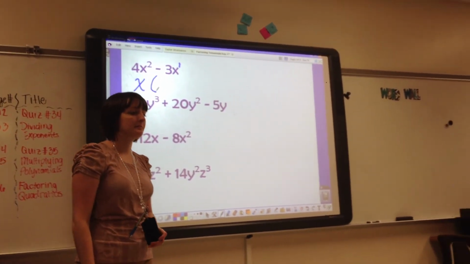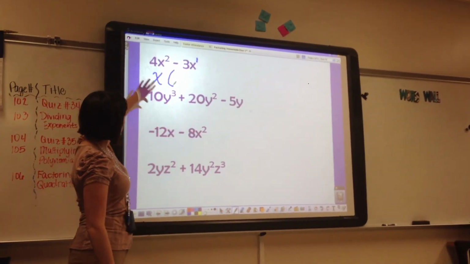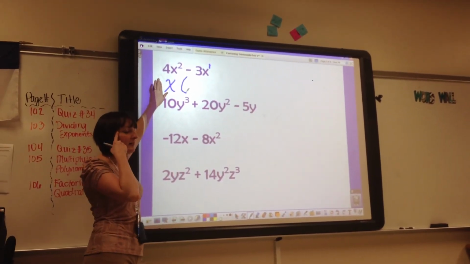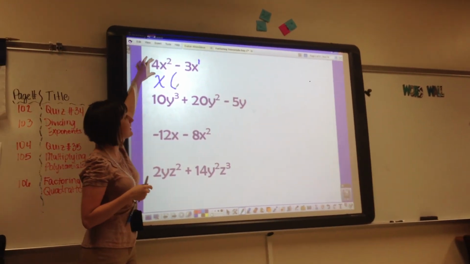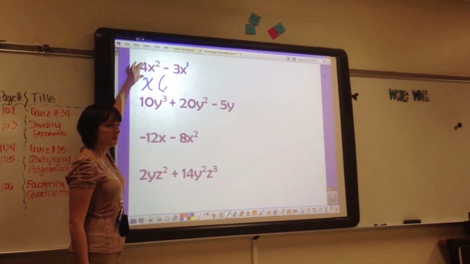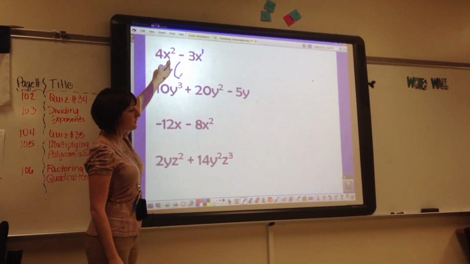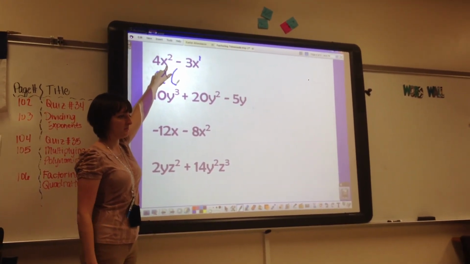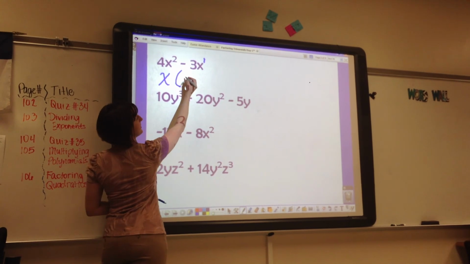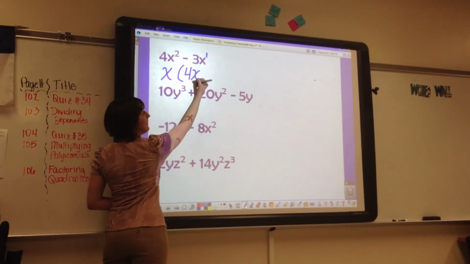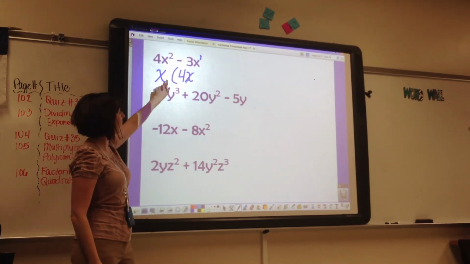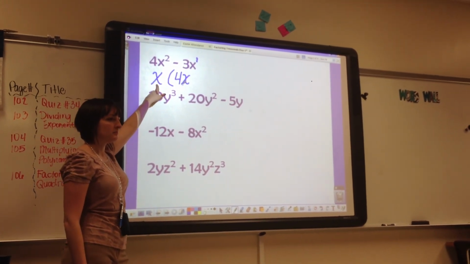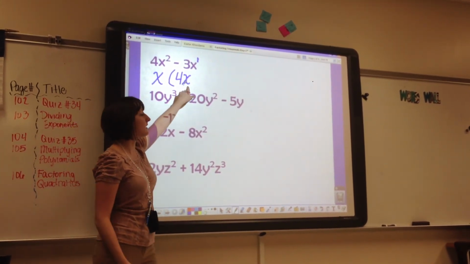Put a parenthesis. Now, there's two ways to think about this. You can say, what do I have to multiply x by to get this? 4x, because you have to add the exponents. Or if that doesn't work for you, you can say, what is 4x squared divided by x? 4x.